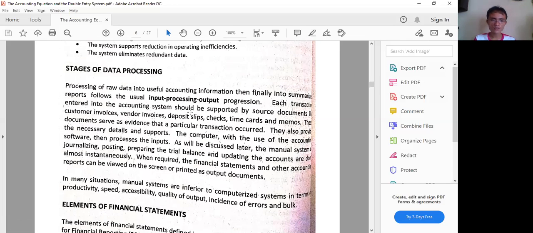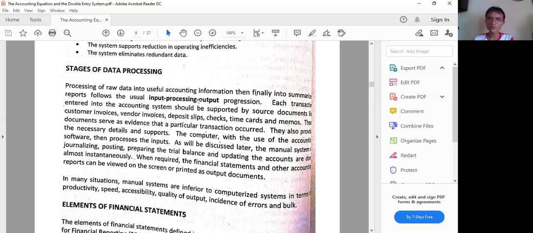Next, the stages of data processing would be input, process, and output. Basically the input would be, as said a while ago, the economic activities, the economic information, which would be processed, and the process is accounting and would generate the output.